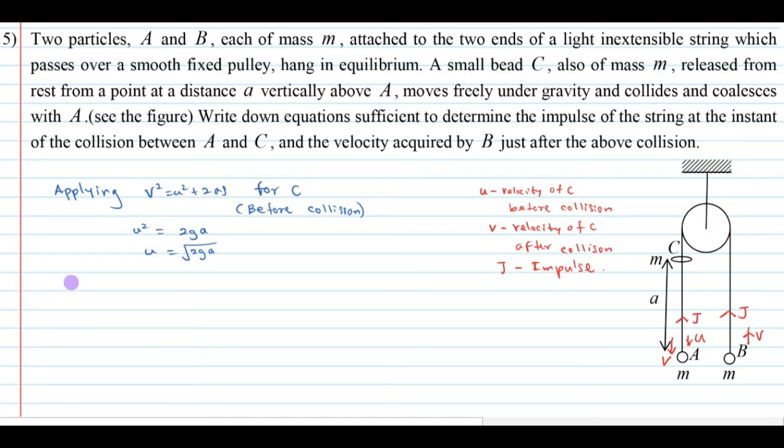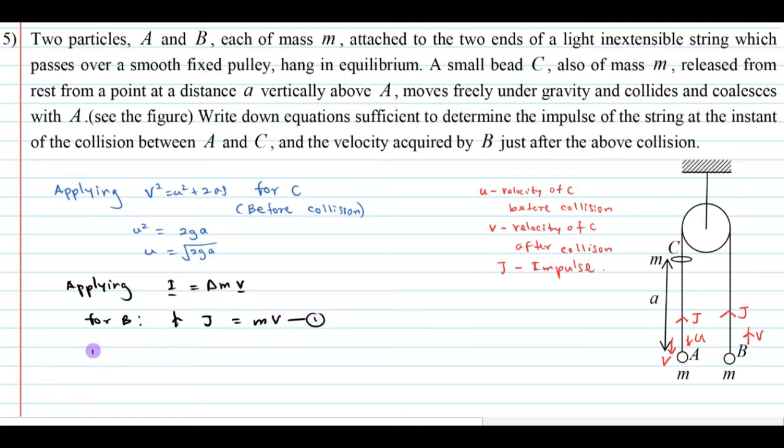J be the impulse in the string at the instant of collision. Now applying I equals delta mv for B upwards vertically, J equals mv. This is the first equation.